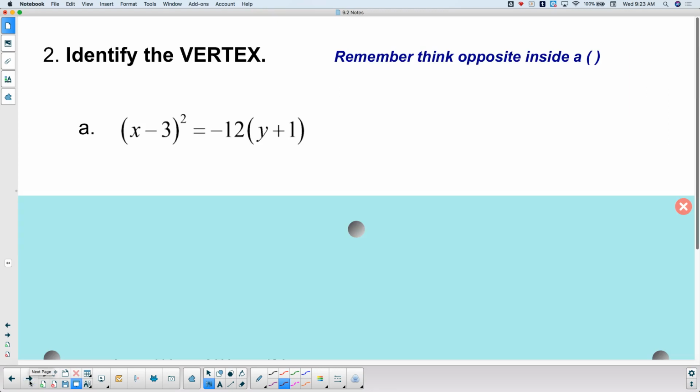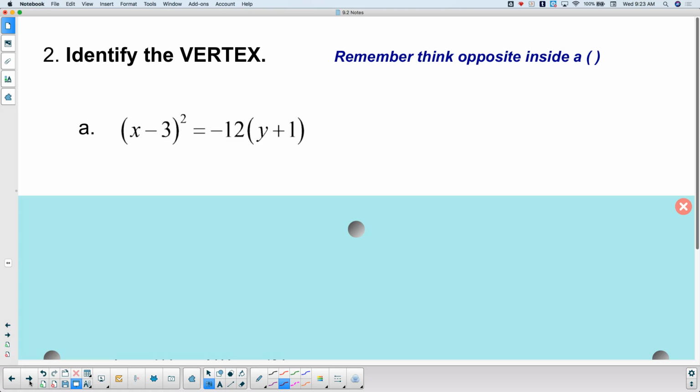Step number 2, you are going to identify the vertex. And remember that in math, especially when we're dealing with these things, if it's inside a set of parentheses, we have to think oppositely.